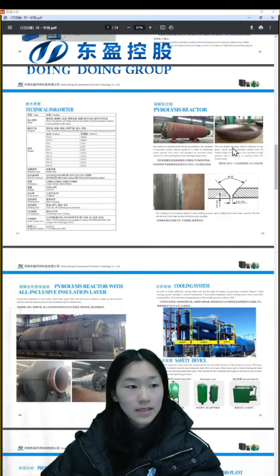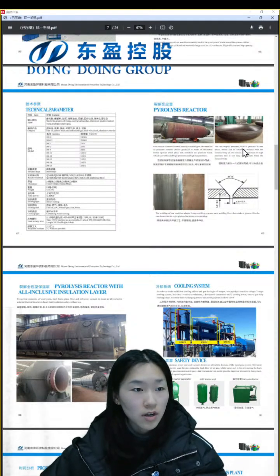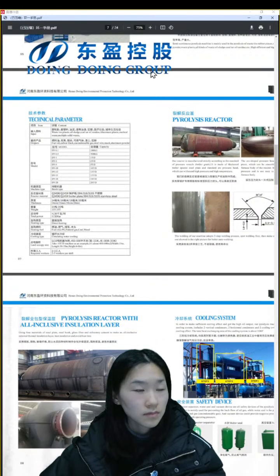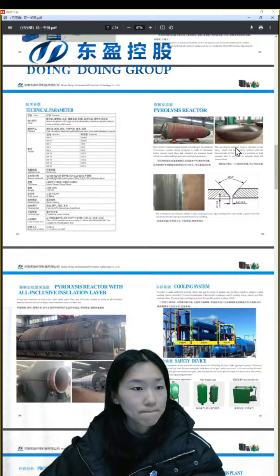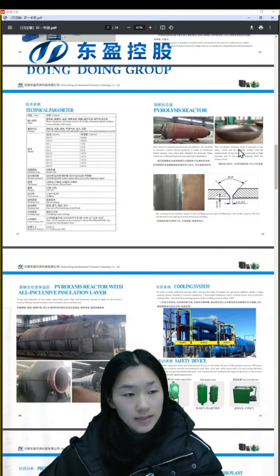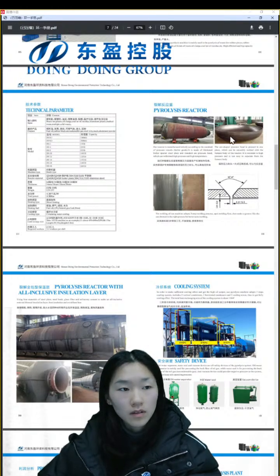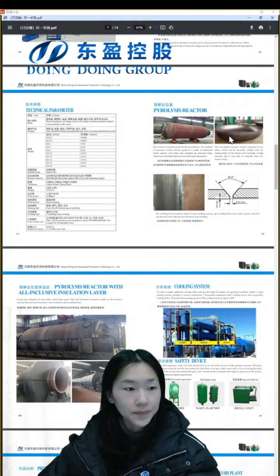And you can see this is our arc-shaped pressure head. This sealing head is pressed in one piece, which can be smoothly welded with the furnace body of the reactor. It is resistant to high pressure and isn't easy to separate from the furnace body.